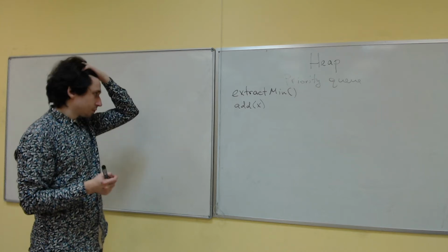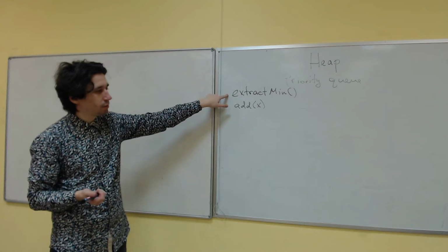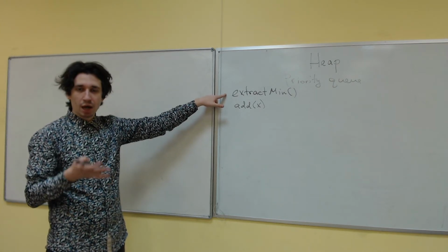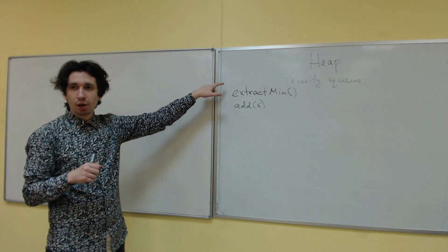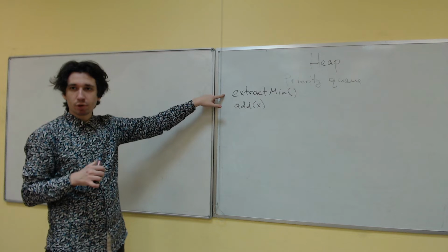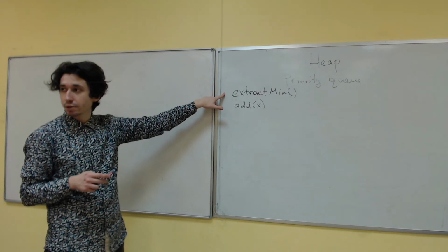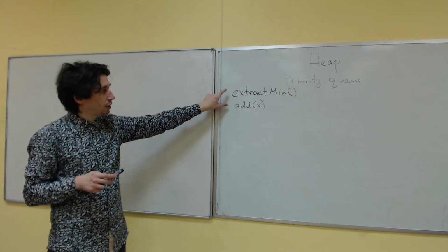It is a priority queue because we always extract the minimum. So we sort elements by priority and we withdraw the smallest element each time we ask. This data structure is quite important because it appears, for example, in graph algorithms, when talking about Dijkstra. We will be talking about that, but for now we want to implement this.